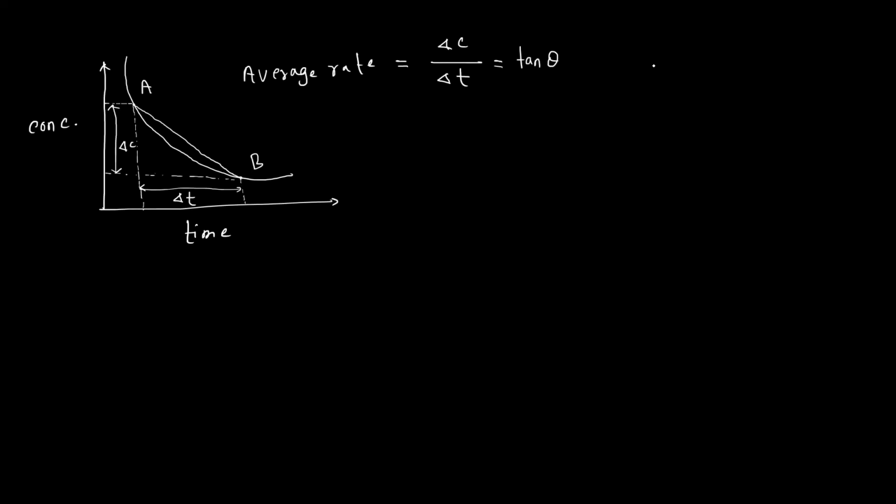But if we want to find out the instantaneous rate of a chemical reaction, we again plot the curve. In x-axis, we take time. In y-axis, we take concentration of reactants. So as the reaction proceeds, the concentration of reactants decreases.